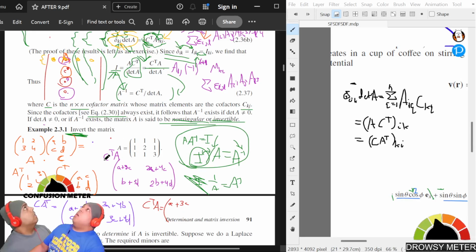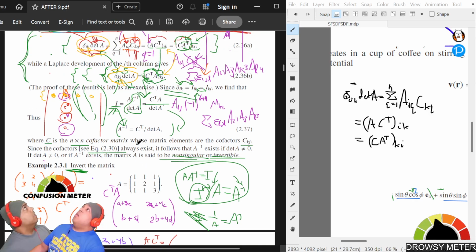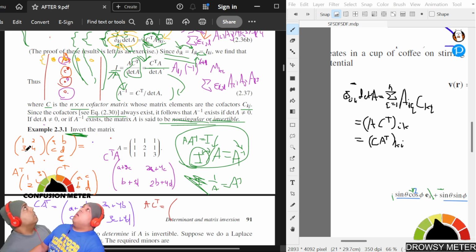We already did C transpose A. We need to find A C transpose. This times this is A plus 2B. This times this, this times this, this times this. C plus 2D.